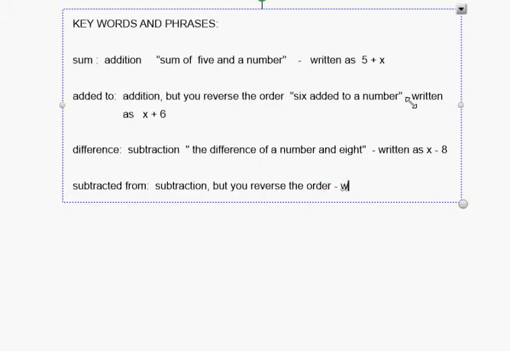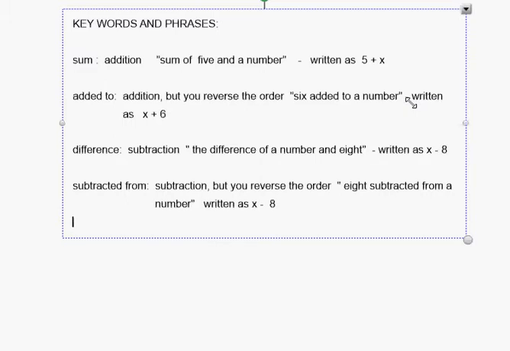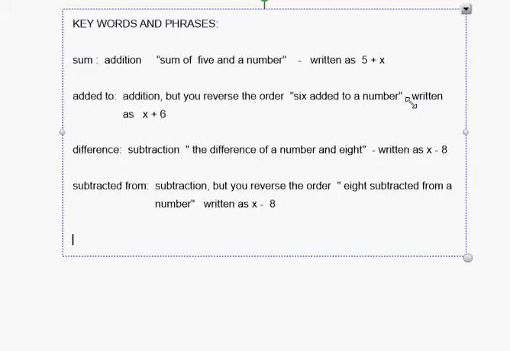So if we have 8 subtracted from a number, that would be written as x minus 8, where even though the 8 was mentioned first, it gets written last.